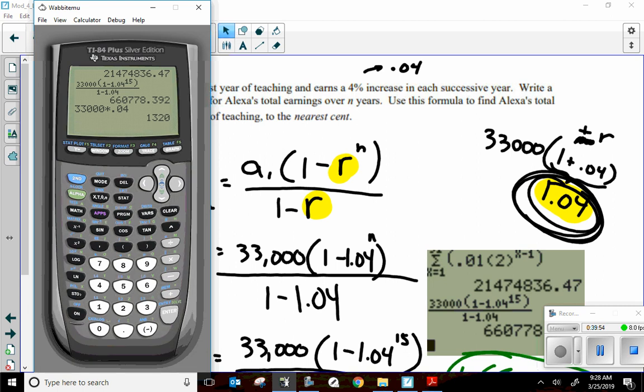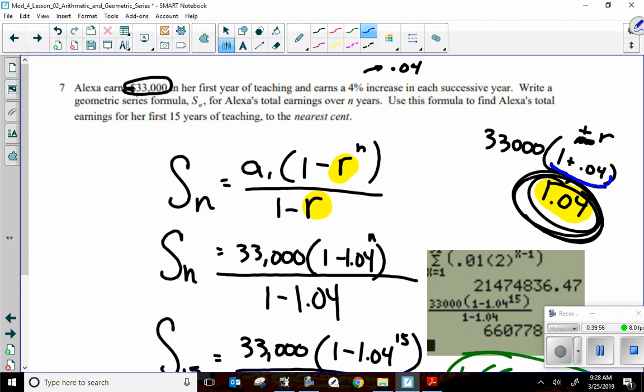If this number in here was 0.04, it's less than 1, it's decreasing. I need to take the 33,000 and then add 4% to it. Make sure you keep the 33,000. Then the 0.04, because this value is bigger than 1, it's 1.04, is what adds 4% to what you originally started.